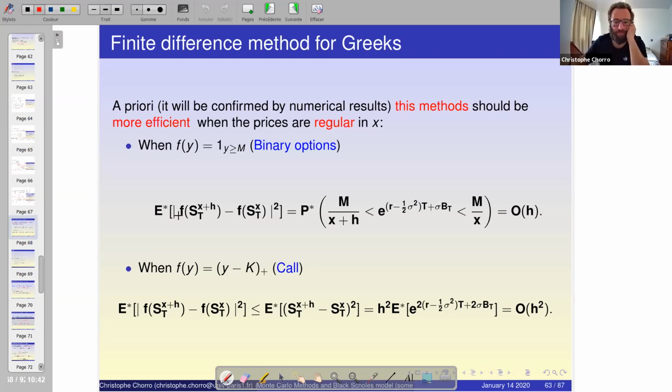But what I want you to keep in mind at this stage is that finite difference for Greeks in the Black-Scholes model leads in general to some numerical problems, because I have finite difference versus Monte Carlo approximations to deal with.